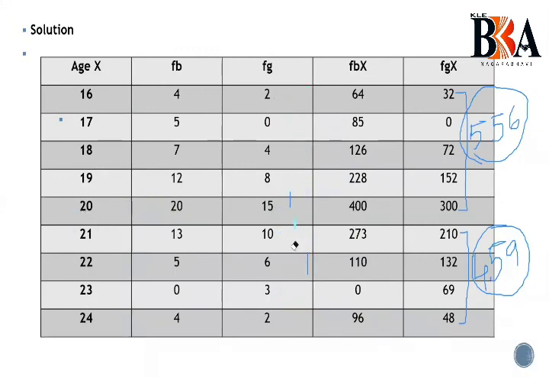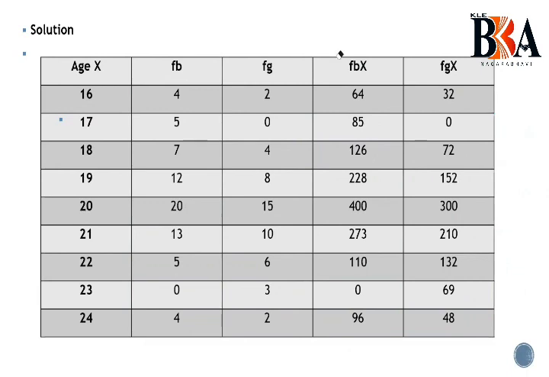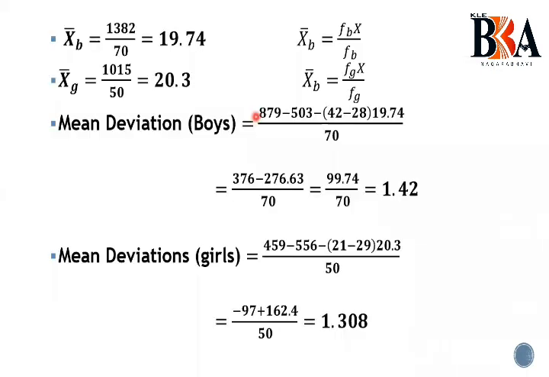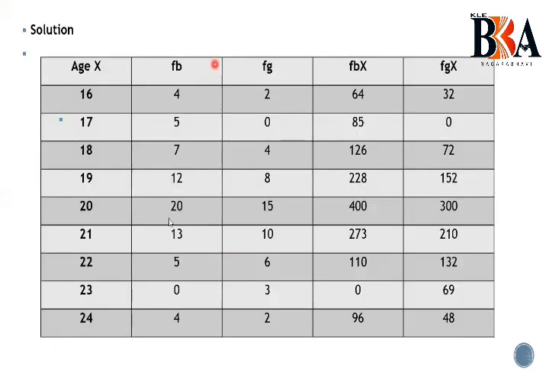Now see what will be the numbers. Look, 459 minus 556 and 21 minus 29 into mean, that is 20.3, and divided by 50, that is n. Okay na, you will get the total.